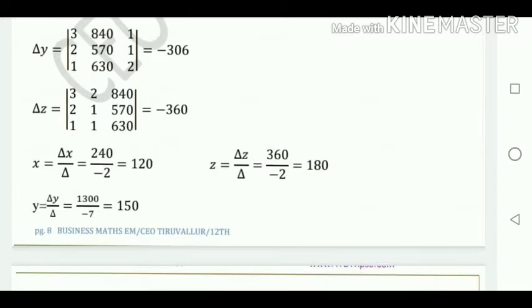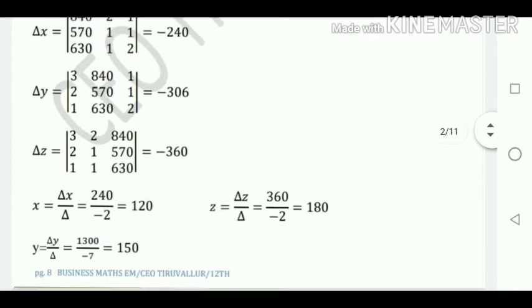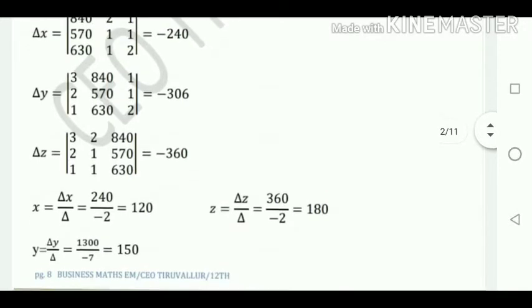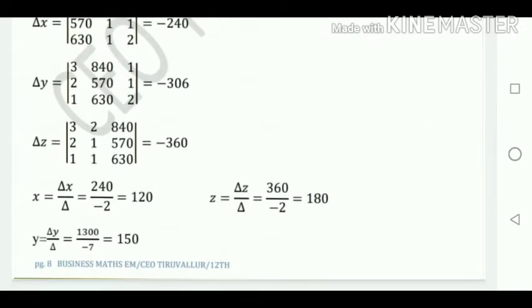Write this sign; there is a printing mistake. Instead of minus 360 it is written as 360. Likewise 300 is written as 1300. So change all those things. The delta y value is minus 300 only, not 306. Change it.